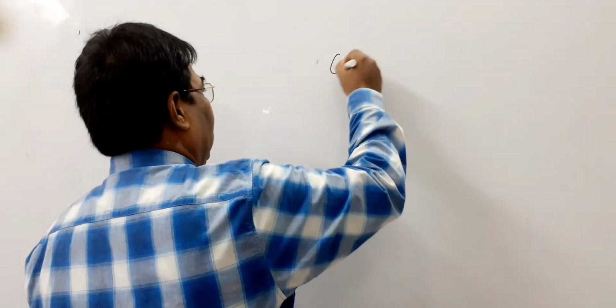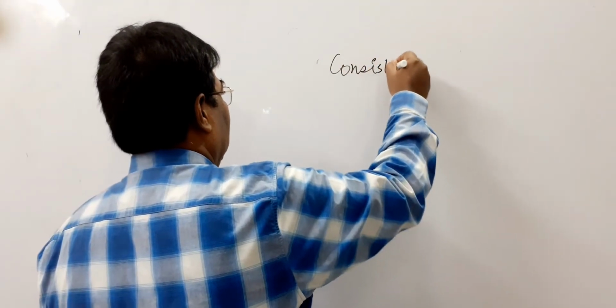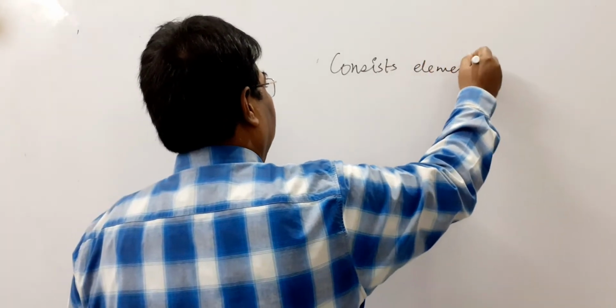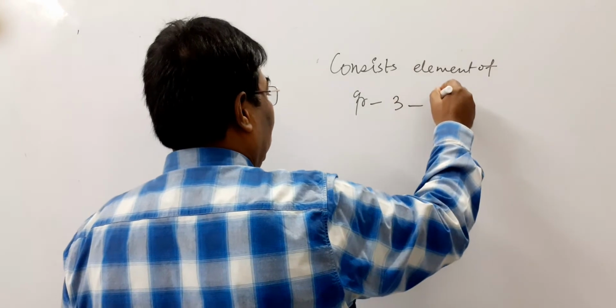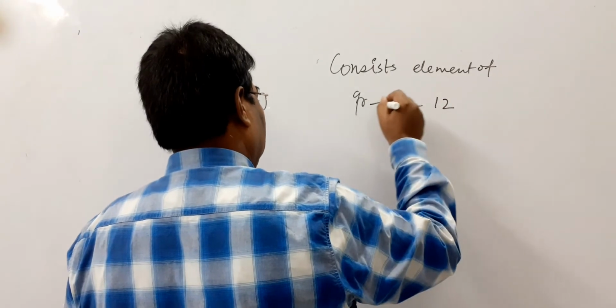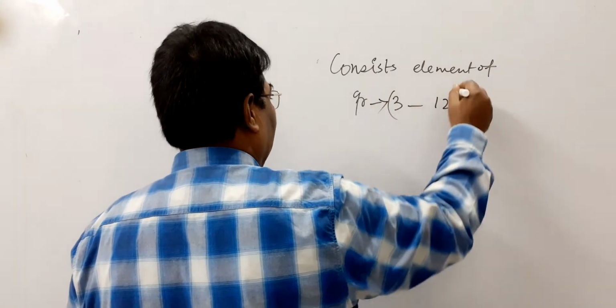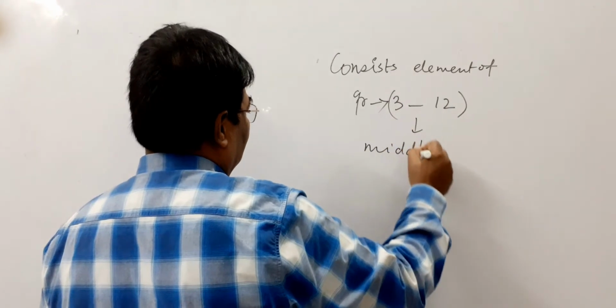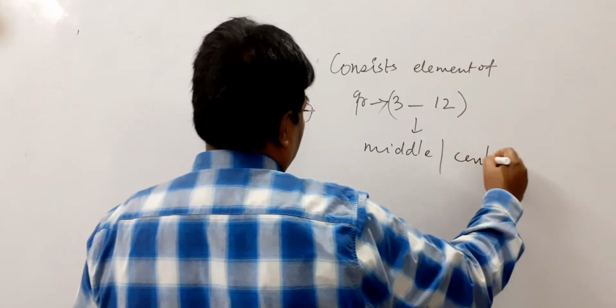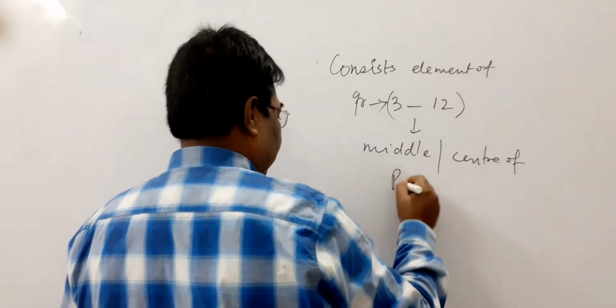D-block consists of elements of group 3 to 12, and it is present in the middle or center of the periodic table.